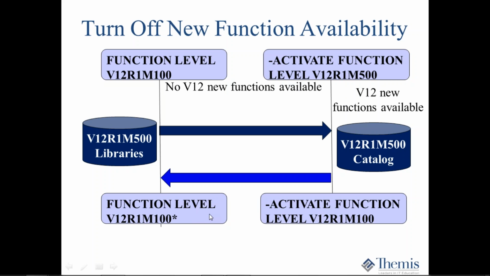Then you're basically back at function level 100. So those applications that attempted to do new functions will need to rebind back to modification 100. And then you're running with no new version 12 functions available. You're back to just the code base, kind of like going back to conversion mode asterisk.